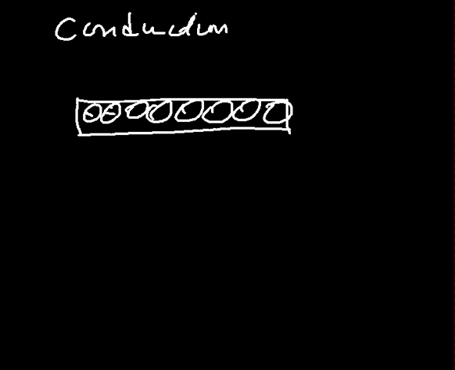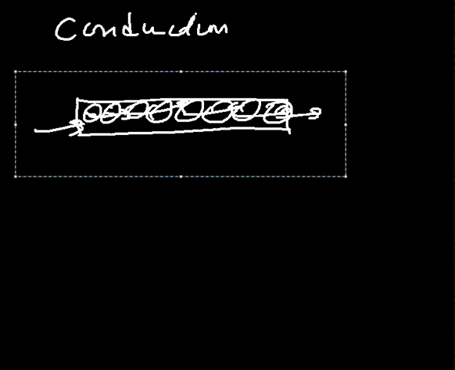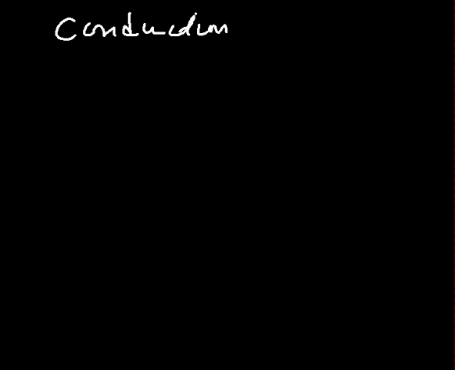Now if we apply heat in this section, this particle will have more internal energy than this one, and the heat will keep on being transferred until the other end of the metal bar. That is conduction. That is the principle applied whenever there is a physical contact between two objects or between two particles.